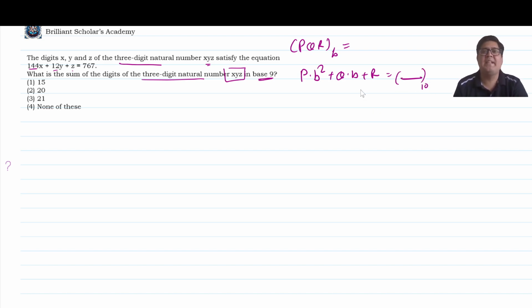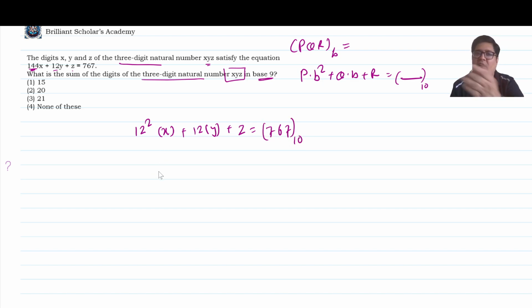Do you see something similar playing out in this problem here? Do you see that is 12 square into x? Do you see here 12 into y and z is equal to 767? Understand, 767 is the base 10 value. Once you perform that expansion, the number that you finally get is the base 10 value. So basically xyz is the base 12 value for 767.